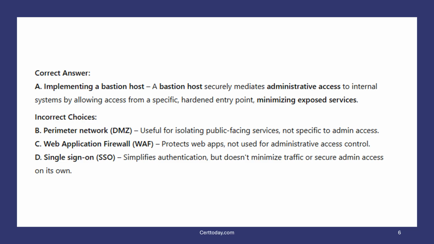C is incorrect because a Web Application Firewall or WAF protects web apps, not used for administrative access control. And D is incorrect because single sign-on or SSO simplifies authentication but doesn't minimize traffic or secure admin access on its own.